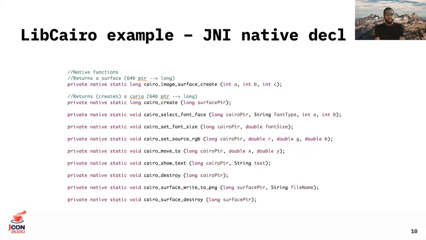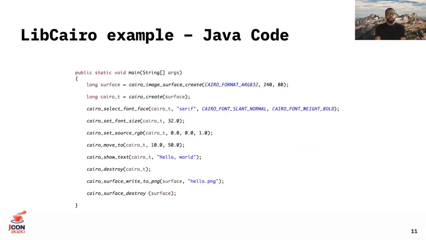After you've written the native function declarations, you then have to write the code that will call them. This code looks a lot like the native example, where we're calling the declared native functions in Java. As you can see, we're using longs instead of the actual types.